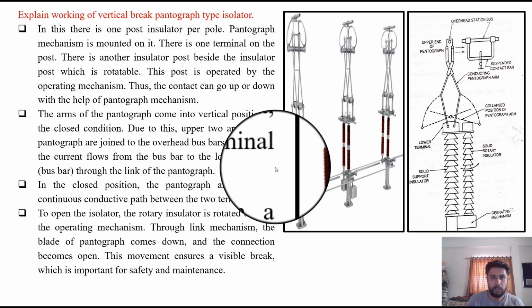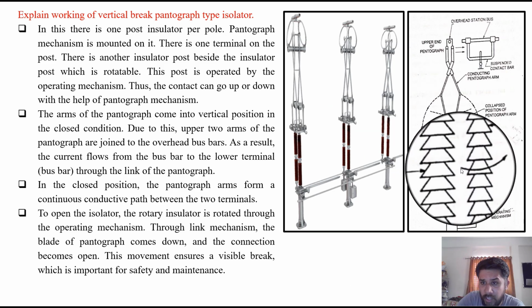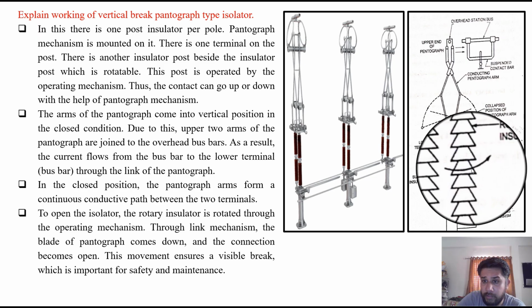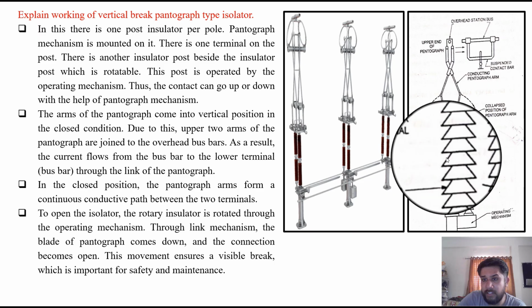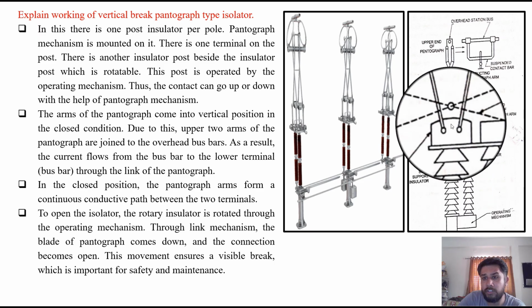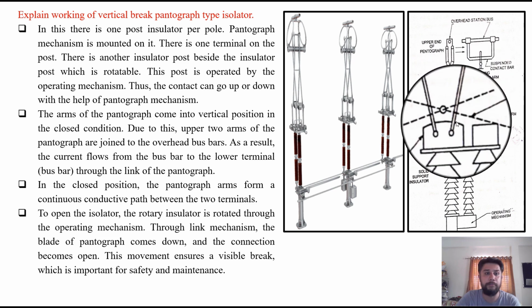This post is operated by the operating mechanism. Thus, the contact can go up or down with the help of the pantograph mechanism. You can see in the figure this is the rotary insulator, which can be rotated with the help of this operating mechanism, and this is the solid insulator over which the pantograph structure is mounted.